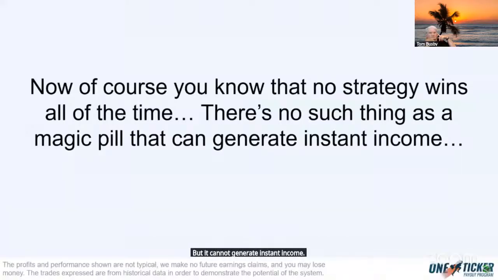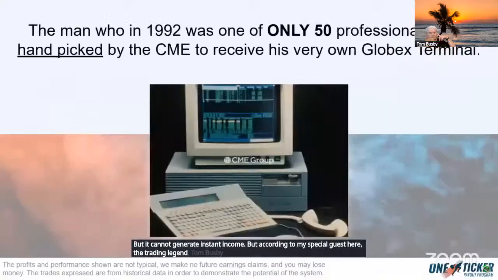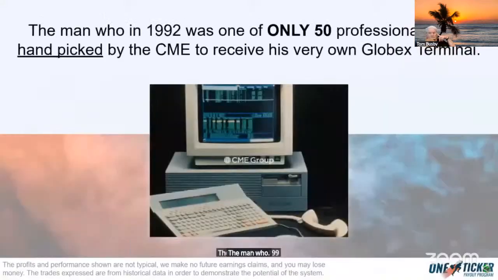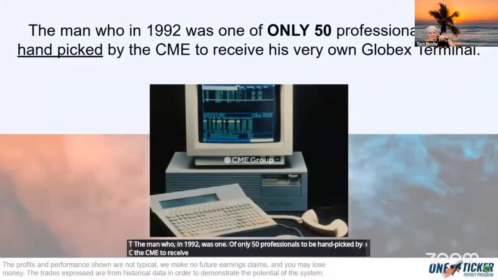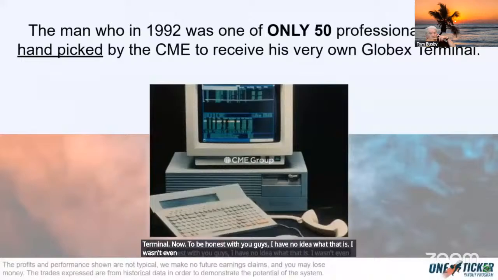But according to my special guest here, the trading legend, Tom Busby, the man who in 1992 was one of only 50 professionals to be handpicked by the CME to receive his very own Globex terminal. To be honest with you guys, I have no idea what that is. I wasn't even born. It was the forerunner to electronic trading.